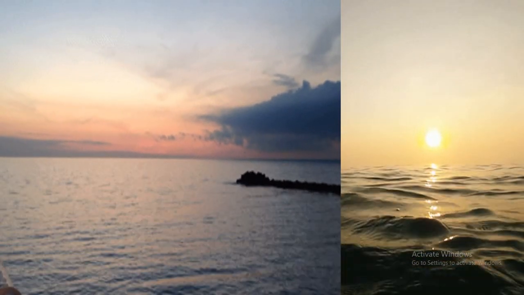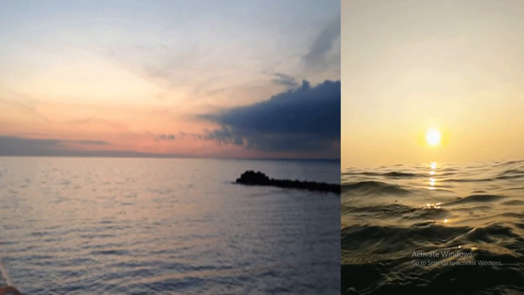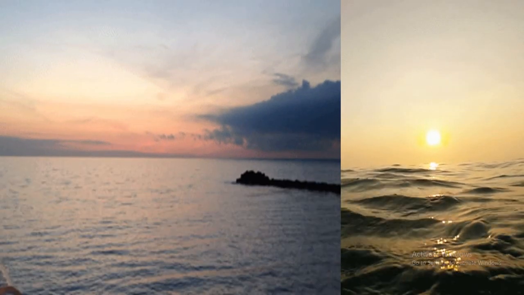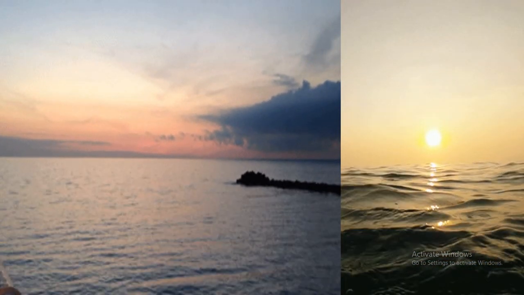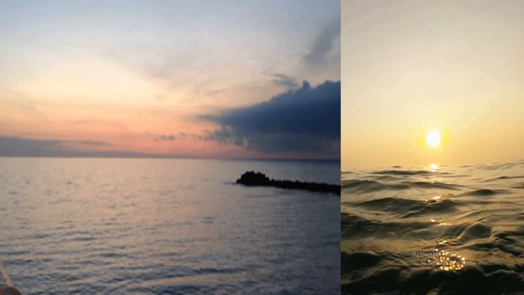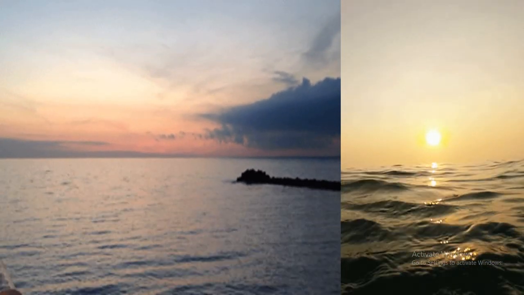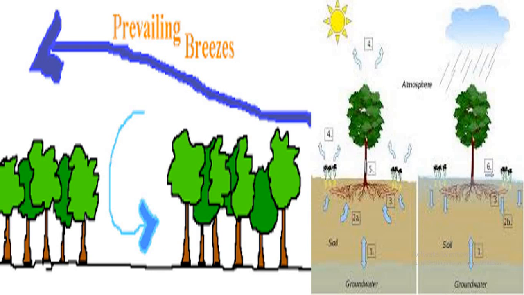So a place near the sea receives chill air, but a place far away from the sea receives only hot air. In other words, the climate of a place varies according to its nearness to the sea. Places near the coast experience an equable climate due to the influence of wind from the sea.